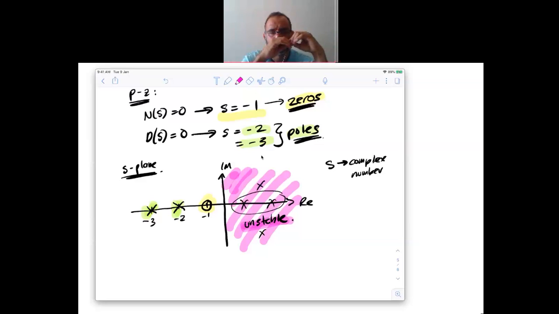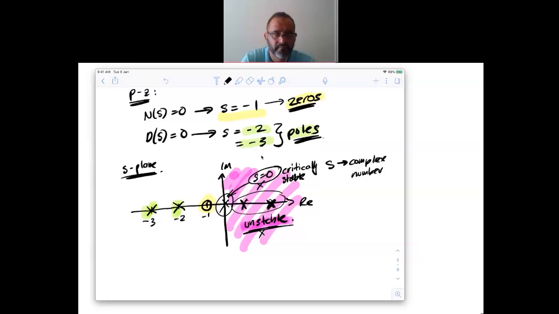This is why we look at the value of poles: it cannot be more than 0, it has to be 0 or lower. If it's exactly at 0, it is still stable. This is called critically stable. So if s equals 0 for your poles, it is called critically stable. But any point at your positive real is unstable. Is that okay?